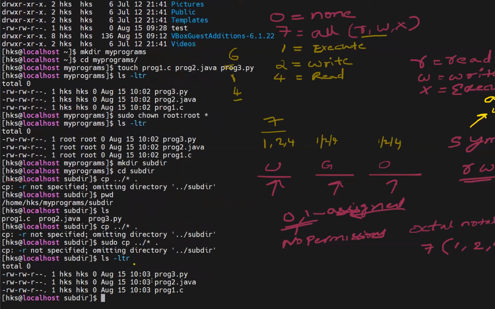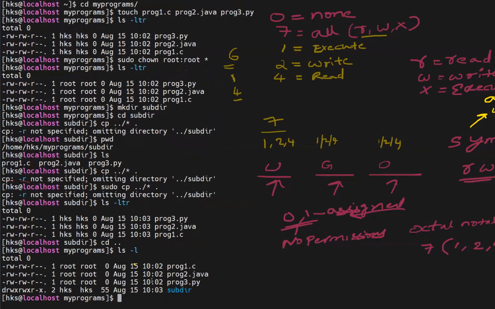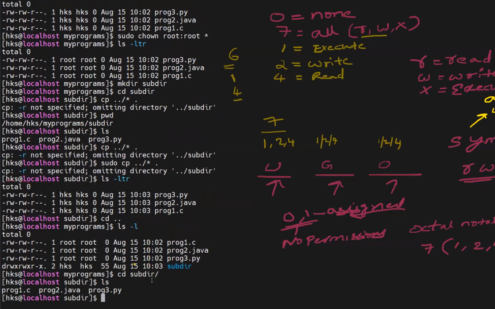Oh, it's already copied. Okay, good. Now I have a few more files in the subdirectory. I'll create a few more files. Touch prog4 dot.